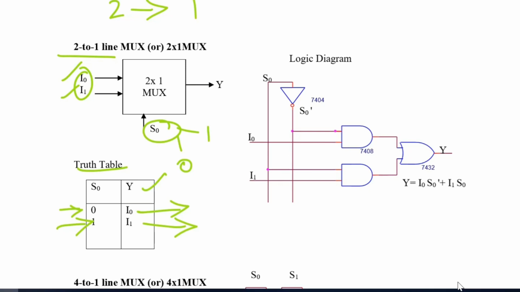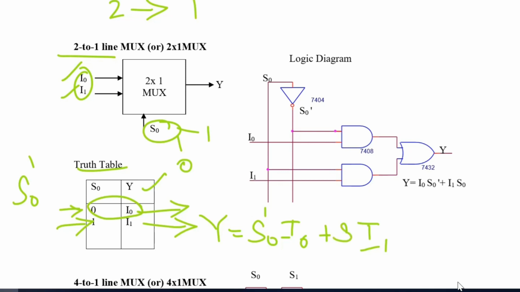With this, we can express our output Y. Y should be I0 when S0 equals 0. So how to give a 0? We can represent 0 as a dash, not inversion. So S0 bar I0, plus I1 when S0 is equal to 1, so S0 I1. So this is our expression.